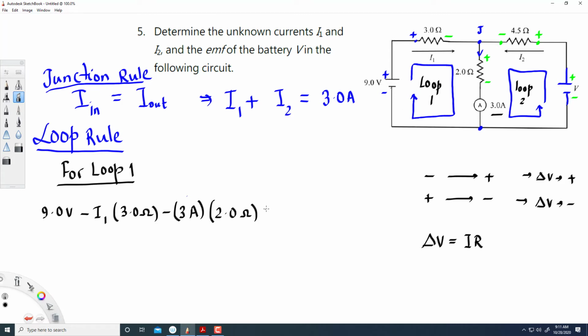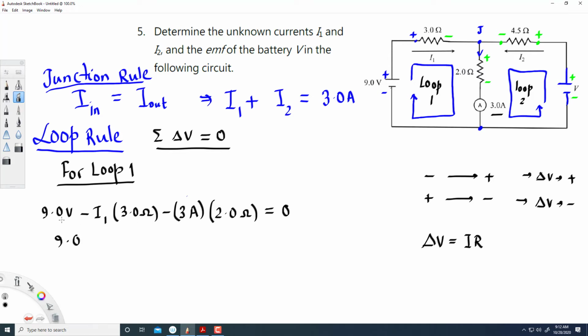So that would be equal to 0. The loop rule tells us that the sum of all the potential differences in a loop is 0. That's the loop rule. Now we can simplify this a little bit. You can just not write the units, because units are a little bit messy.